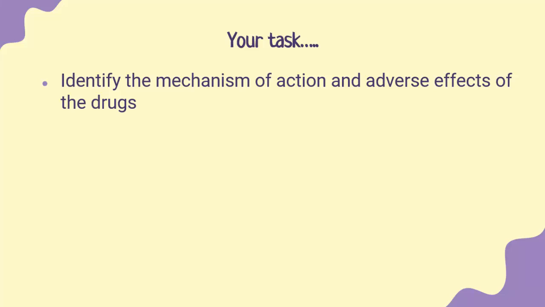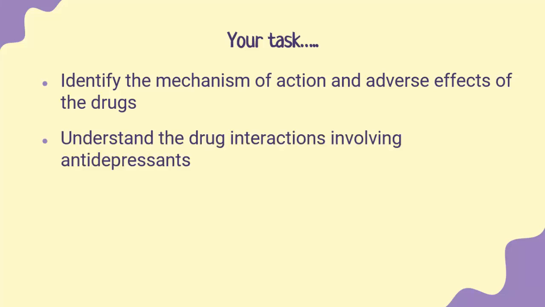So your task is to identify the mechanism of action and the adverse effects of the 5 major classes of antidepressants and also lithium. Also remember the drug interactions involving antidepressants. You need to really understand what happens when there are drug interactions involving those antidepressants.